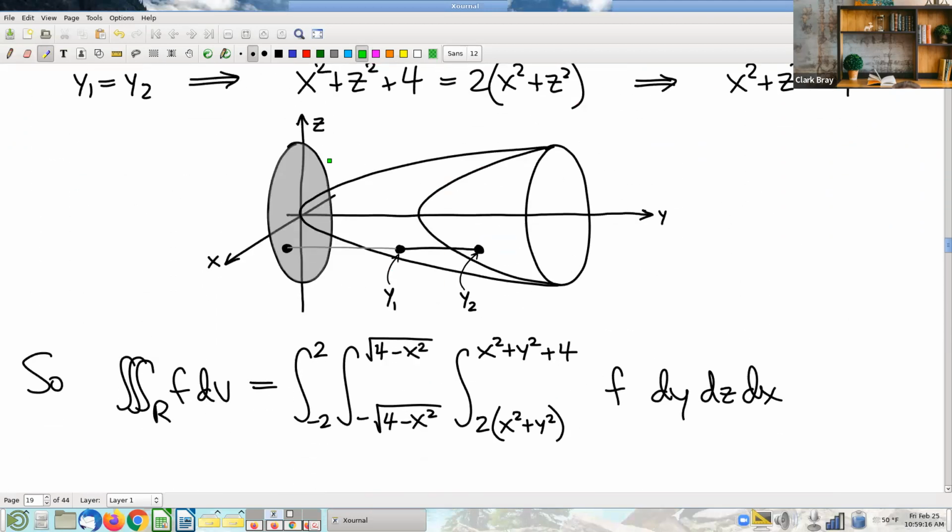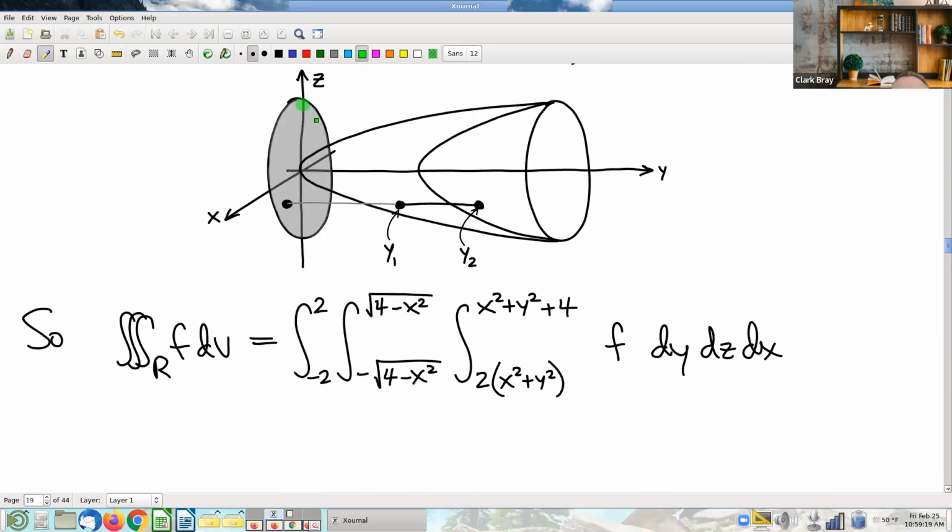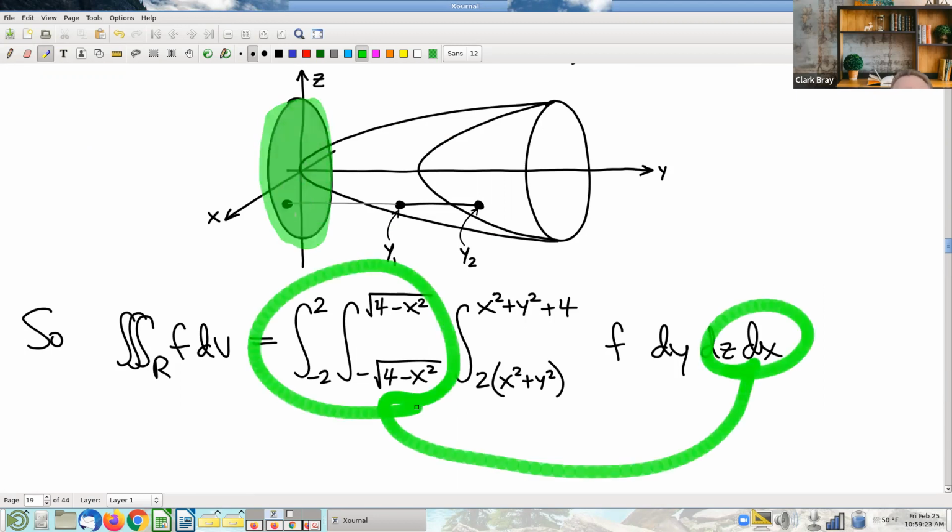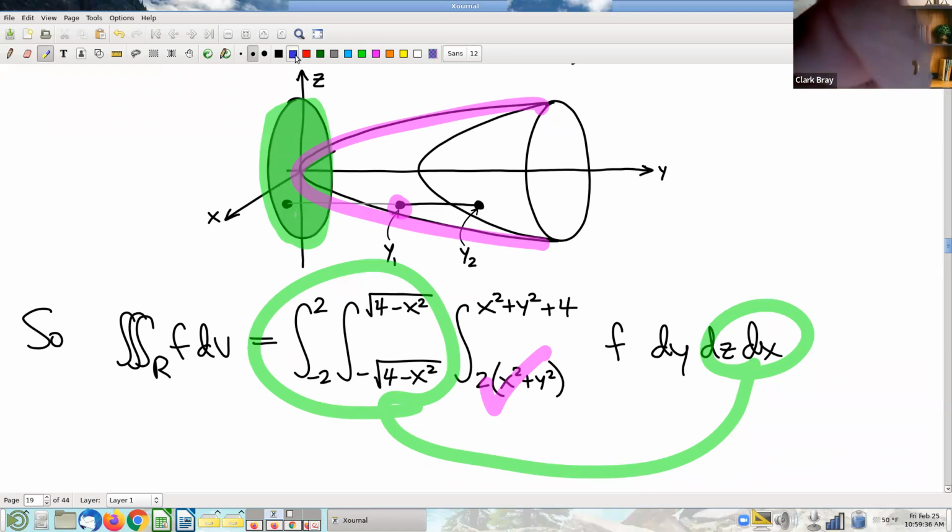Yeah, so it's pretty much all over once you see the projection is this. That makes the XZ bounds a double integral problem. And then the lower bound for y comes from that surface, which has y equal to that. And the upper bound for y, that point, which is on that surface. And I, again, have another typo.